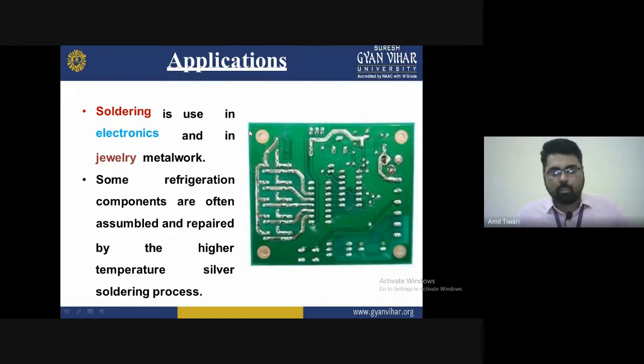So these are some applications of soldering. If you want to join electronic items, jewelry items, or refrigeration components, or repair or maintain them, you will prefer soldering. It helps maintain the good quality of the workpiece.